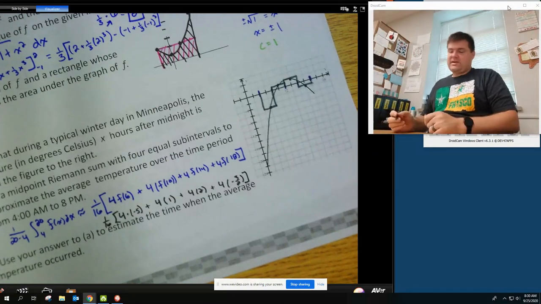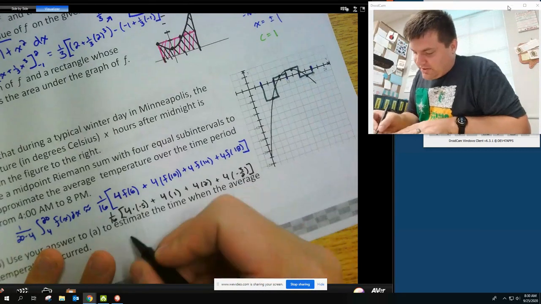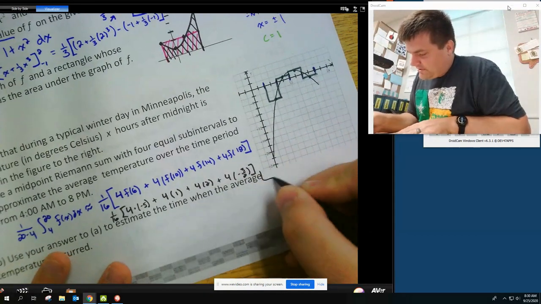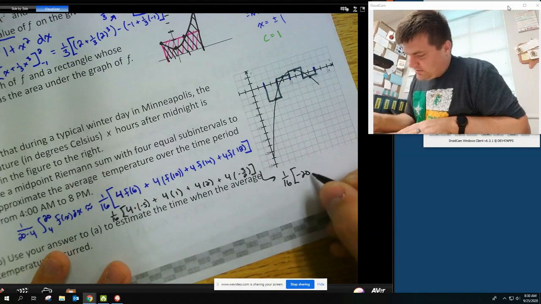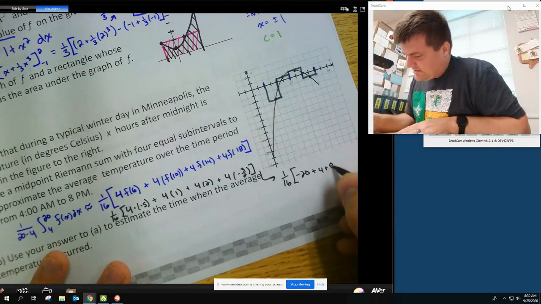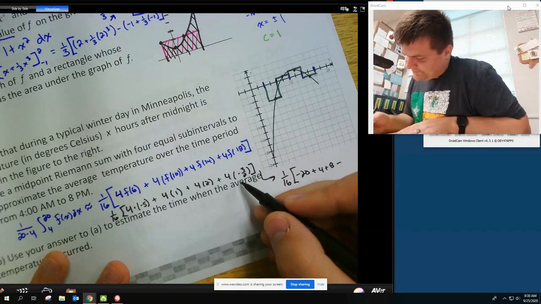Okay, let's go ahead and I'll do the arithmetic now because I can't read my own writing over here. So we're going to put this all right here. We're going to get 1/16 times -20 plus 4 plus 8 minus 6.